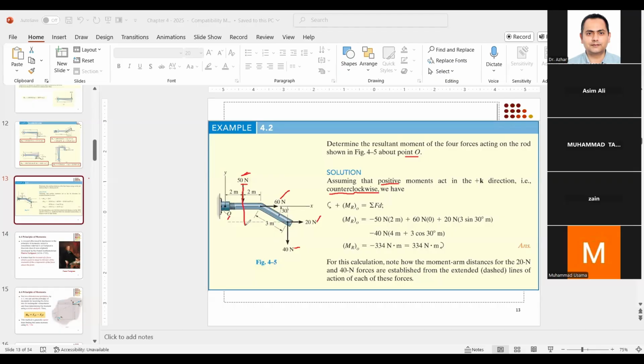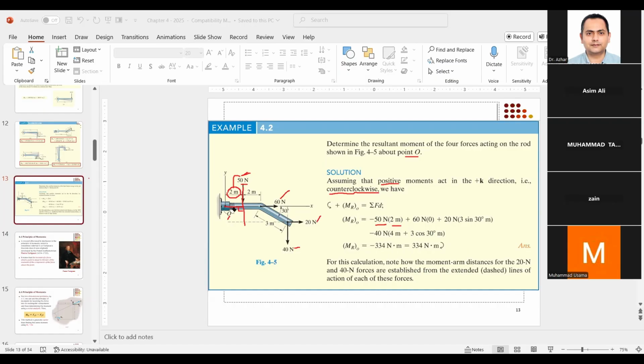From this line of action and from point O, this is the perpendicular distance, and luckily, it's directly given as 2 meters. So we don't have to make any computation. We simply multiply 50 with this 2 meters and get its moment.